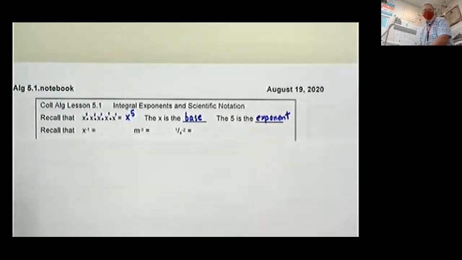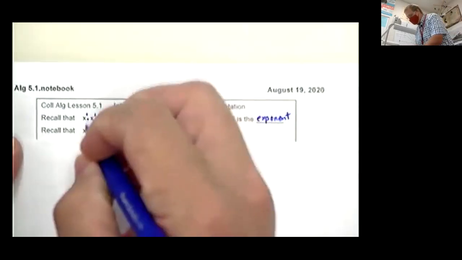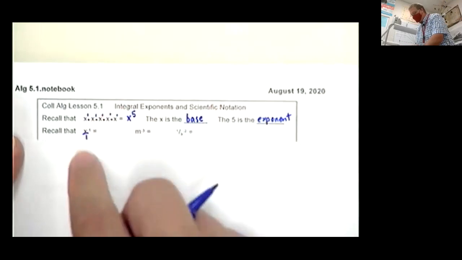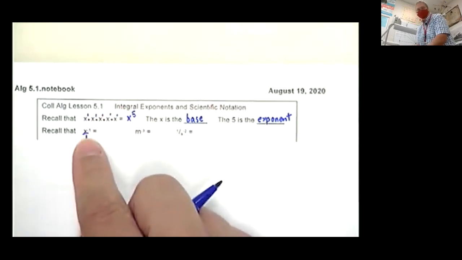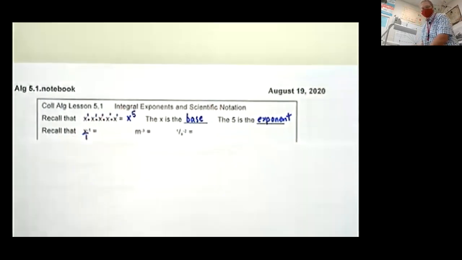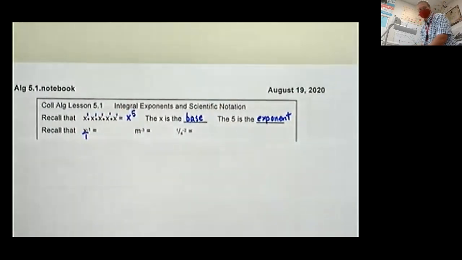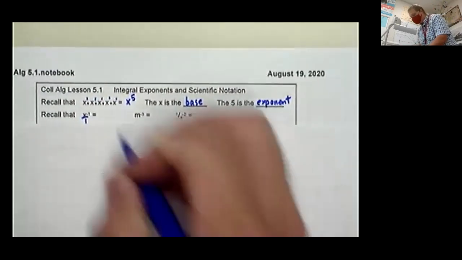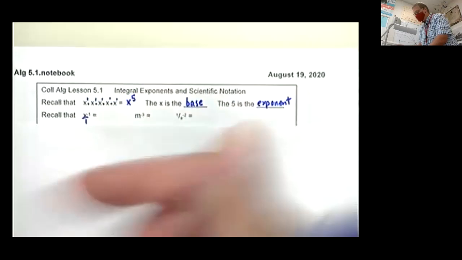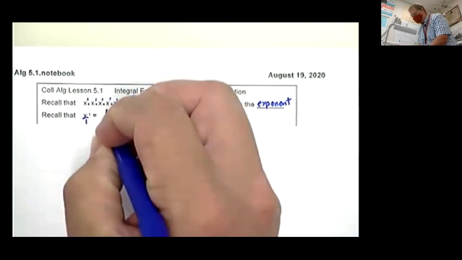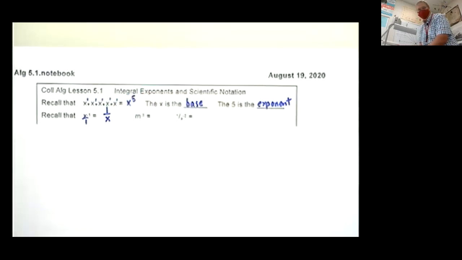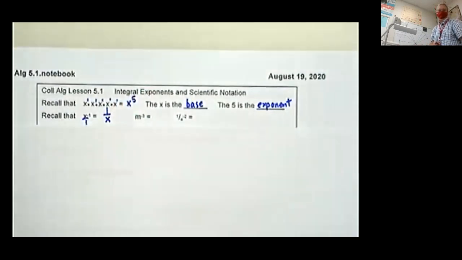Also recall that if we have a negative exponent, it's going to reciprocal the base. So here we have x to the negative first over 1. That negative 1 exponent is not a negative in front of the term. It's the exponent. What that's going to do is flip the base to the other side of the fraction. So it's going to turn it into 1 over x.